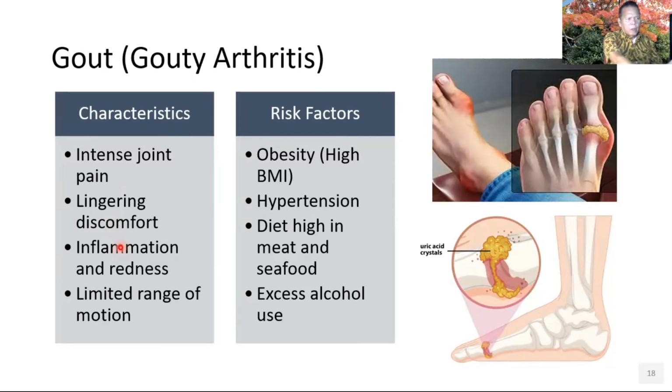And the risk factors are obesity or high body mass index, hypertension, a diet high in meat and seafood, and excess alcohol use. Let's see this one.